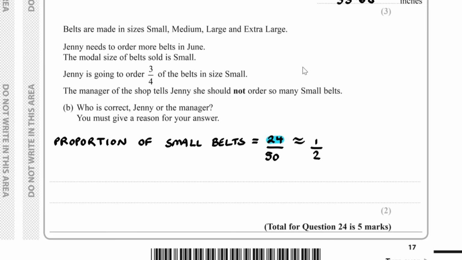It's almost equal to 1/2 because 25 out of 50 is a half, and this is quite close to 25. And this does not equal the 3/4, which she said she's going to order. She should actually order about half the belts in small. So, in this case, the manager is correct.